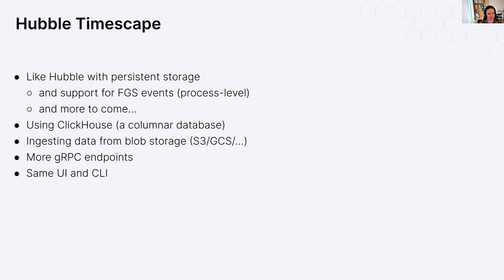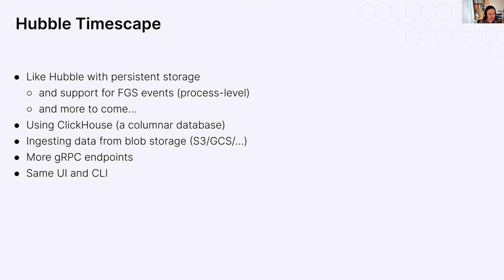Some of those are network events like socket events, but there are also others like process execution or file operations. So Timescape stores much more than only network flows, but we'll focus on network flows today.